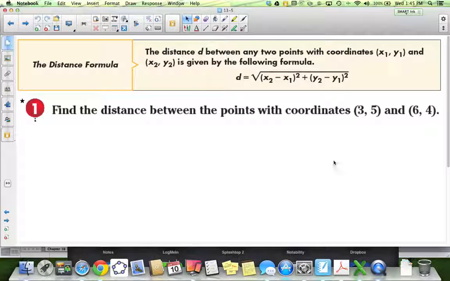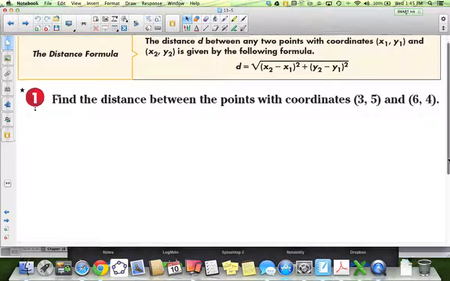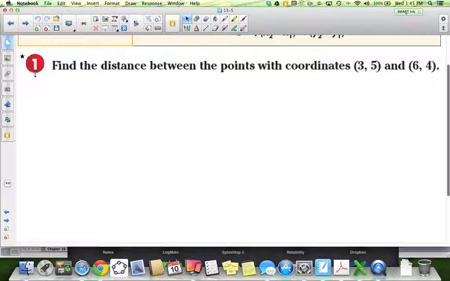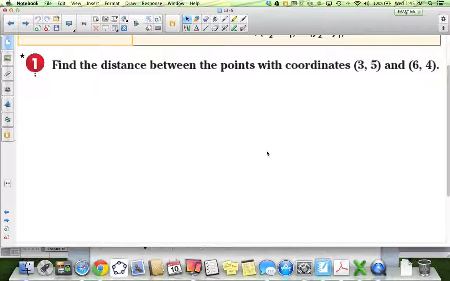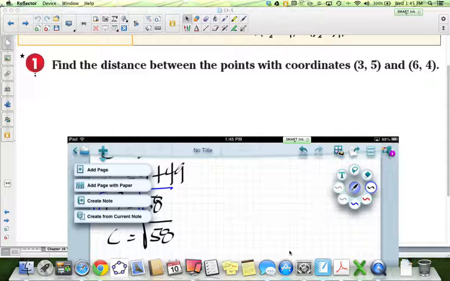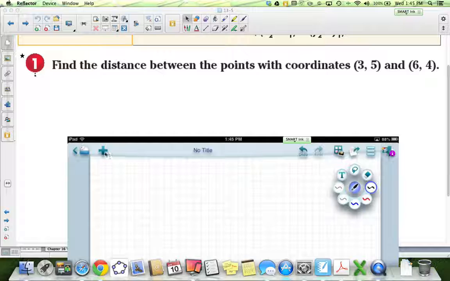Okay, let's look at this example. If you have coordinates 3, 5, and 6, 4, how do you find the distance between those 2 points? Okay, and this is how you find the distance between the 2 points of 3, 5, and 6, 4. The first thing you need to do is label your points.